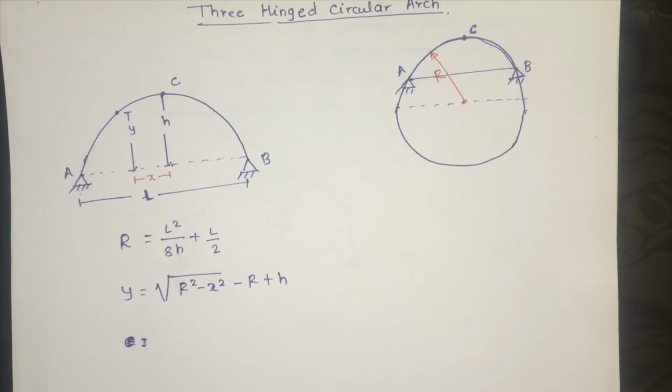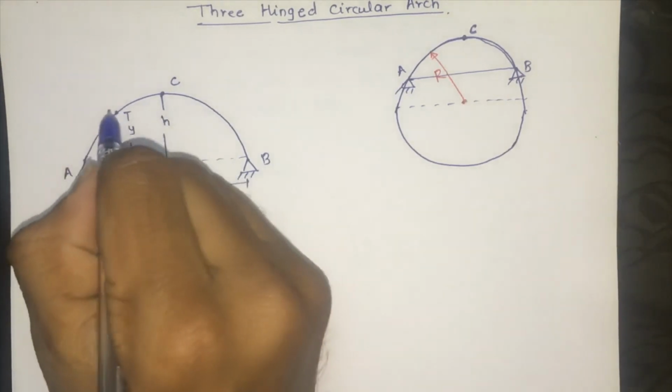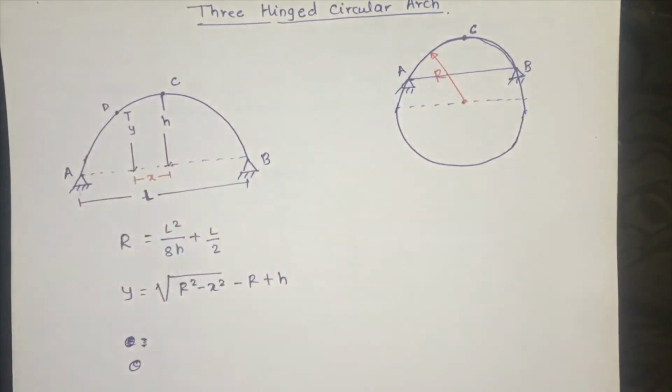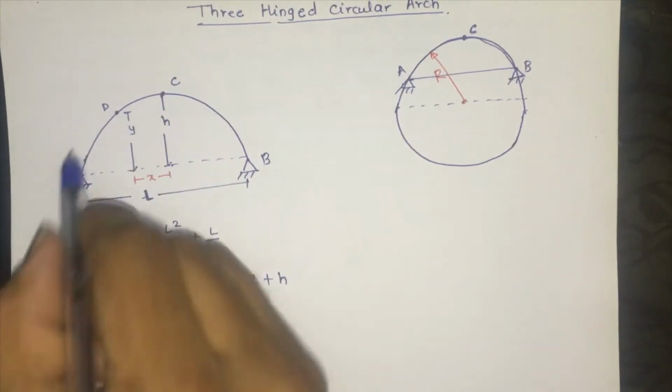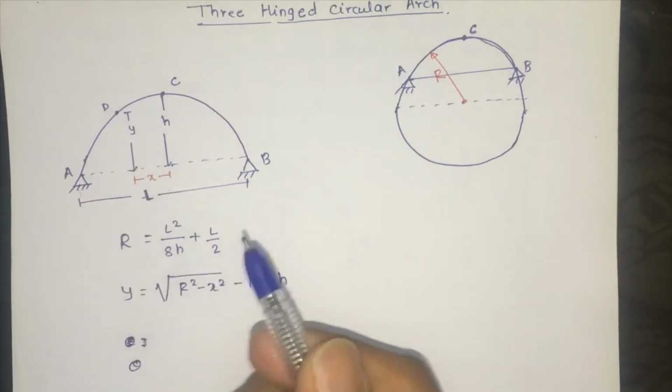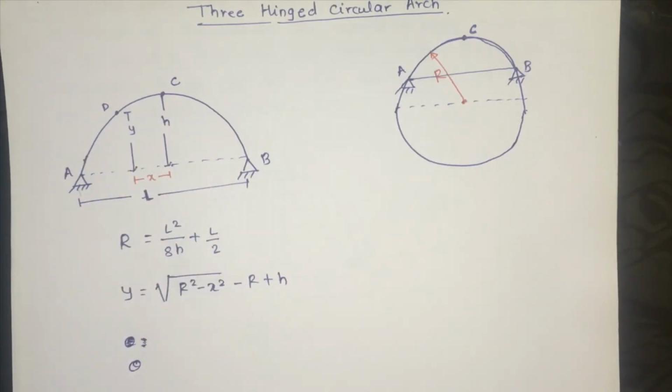Now next, if I want to find the normal thrust at any point, we require the value theta, that is the angle. Suppose this is a point D on the circular arch, and at this point I have to find out the normal thrust. As you know, in the normal thrust formula there is cos and sin theta, so we require this value theta.